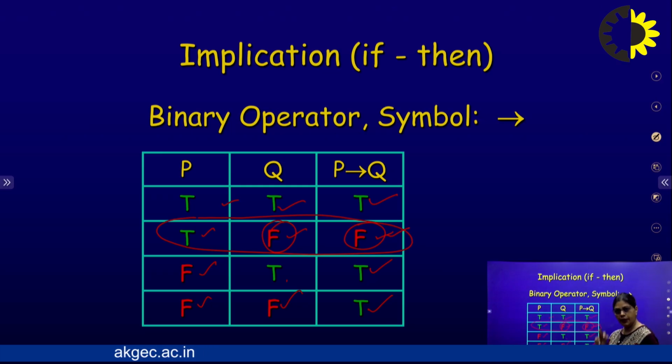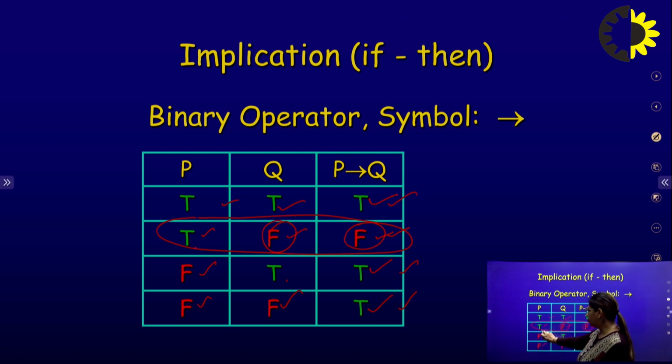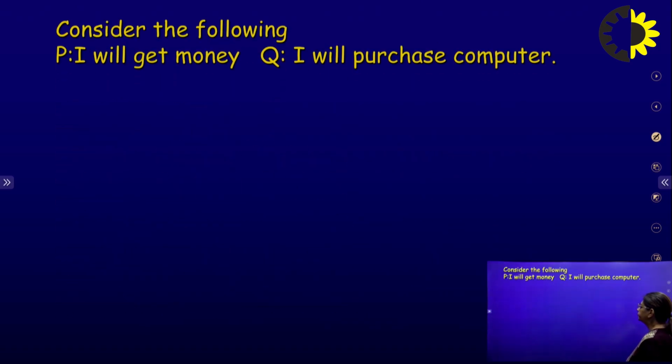If P is true, then Q has to be true. If P is false, then Q can be anything, right? So in these statements we can put true. But if P is true and Q is false, then the output will be false. I will get money, I will purchase computer, right?